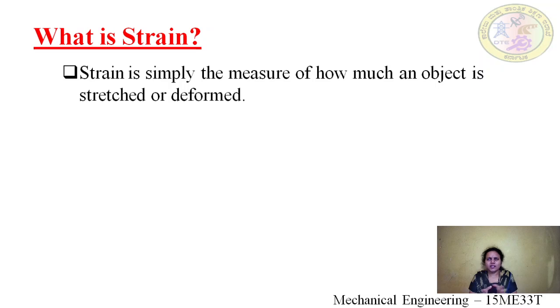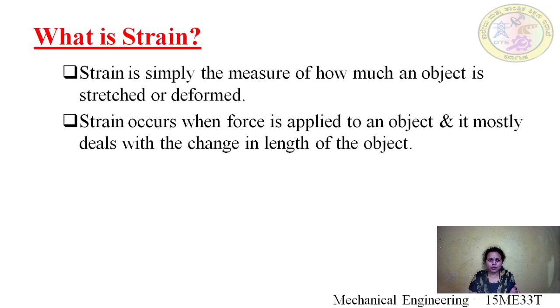And strain doesn't happen automatically. In order for strain to happen, some force is applied on the object. Either it may be compressive or it may be tensile. So strain occurs when the force is applied on the object.